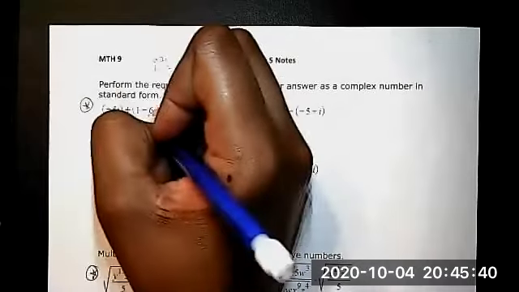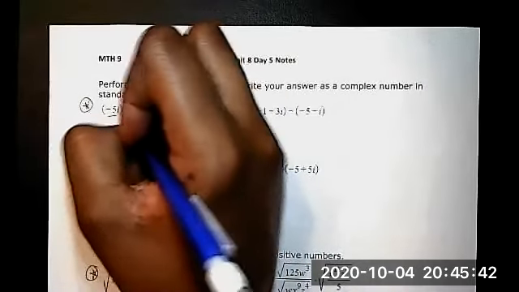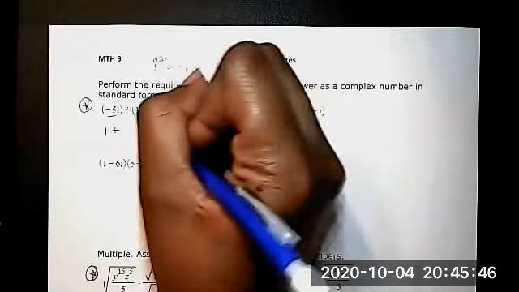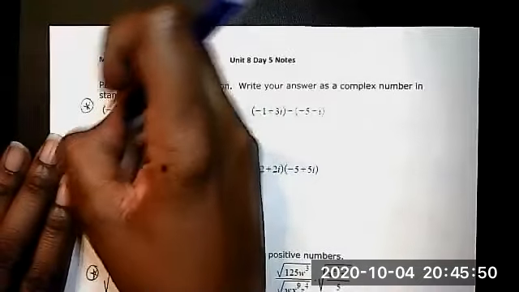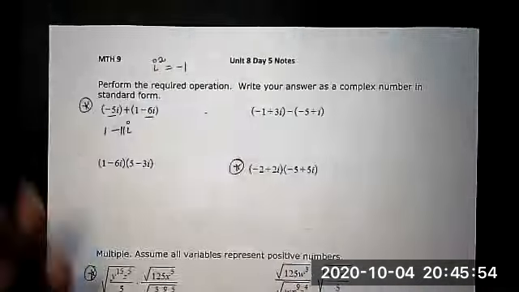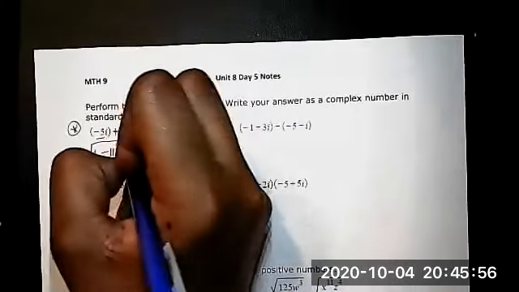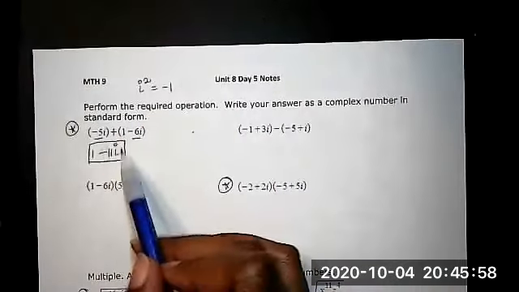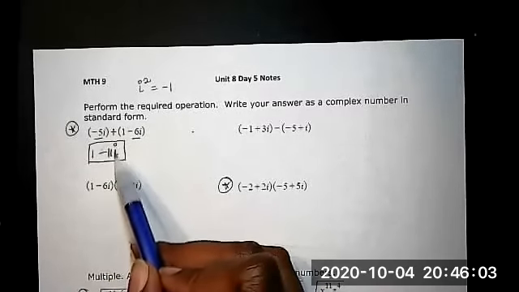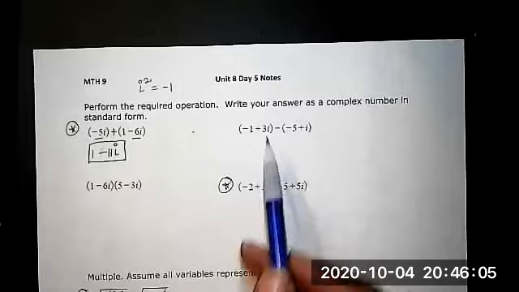Combining like terms, I'll bring the 1 to the front, plus negative 5I, negative 6I, which becomes negative 11I. So 1 minus 11I, and this is in standard form where the I is last and the constant is first.